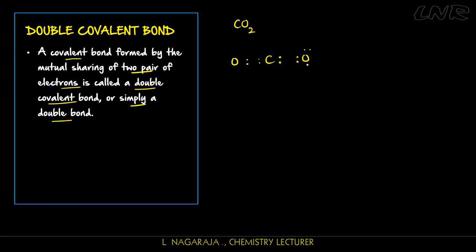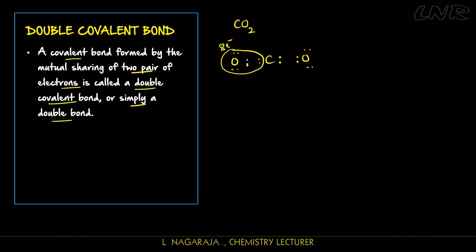And each oxygen also contains two more pairs of electrons. But the covalent bond is formed by the two pairs of electrons. So the two pairs of electrons are generally called double bonds. And all the atoms in this molecule have 8 electrons, right?